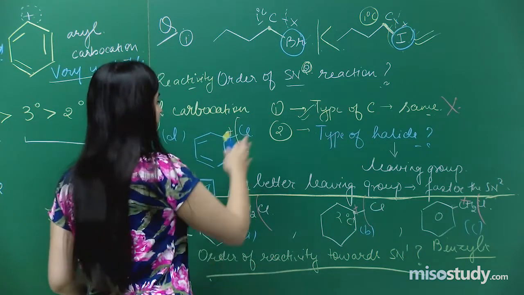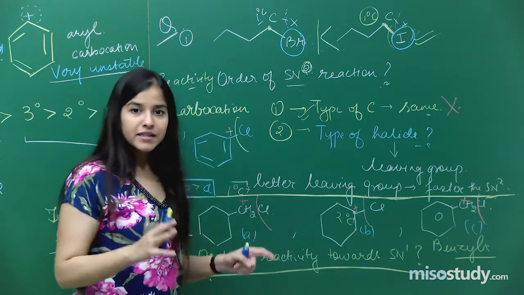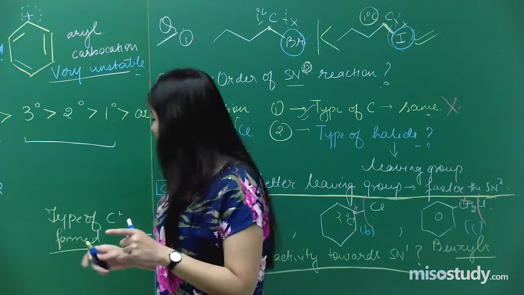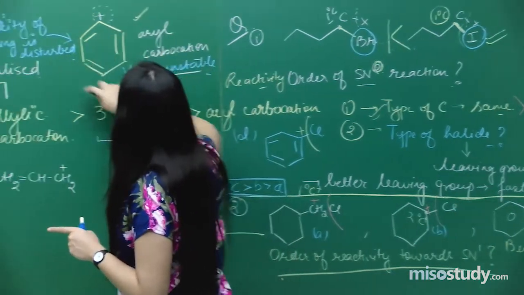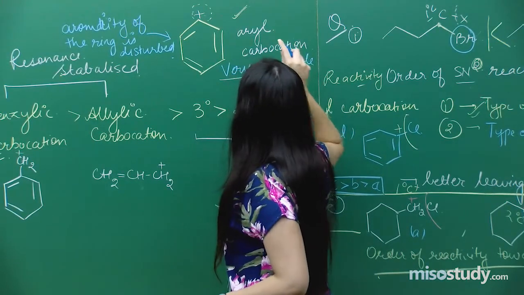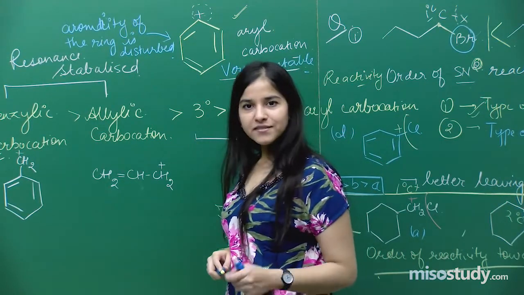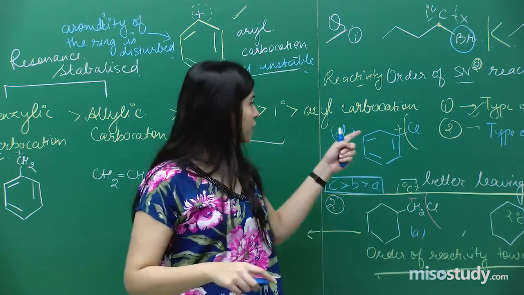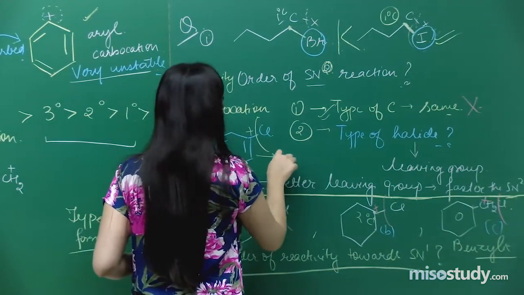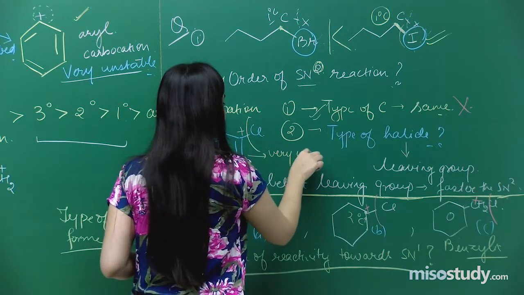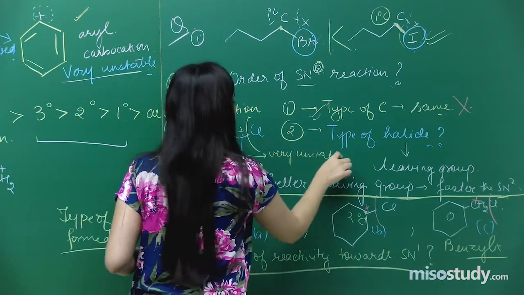Fine. The halide is removed, positive charge comes over here. The option is none other than what I had explained earlier, that is aryl carbocation. Fine. So it is none other than the aryl carbocation which is formed over here. So this is very unstable, we already know, right?